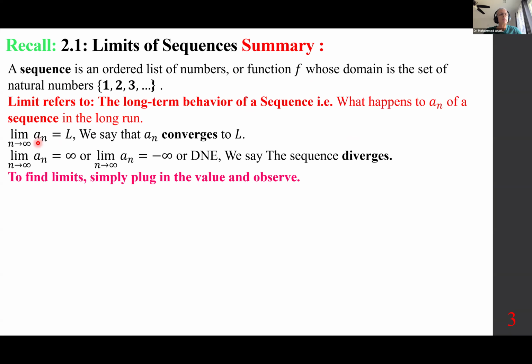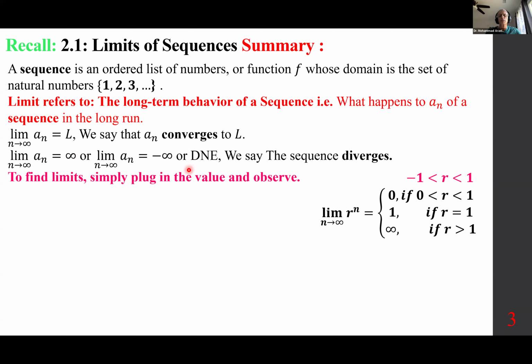The limit of a sub n as n approaches infinity equals L. We say that a sub n converges to L. If that limit is infinity, negative infinity, or DNE (does not exist), we say the sequence diverges. And to find limits, simply plug in and observe.